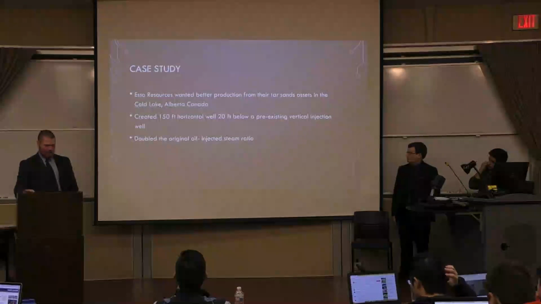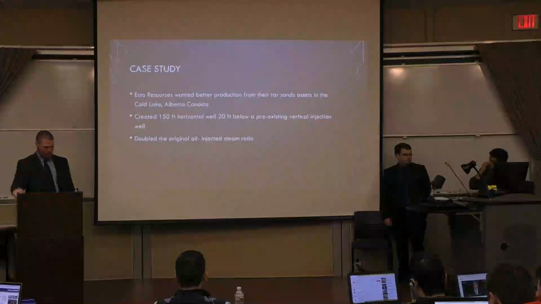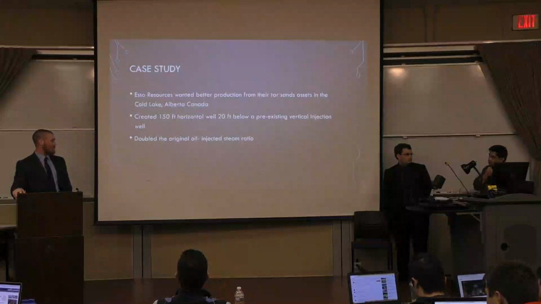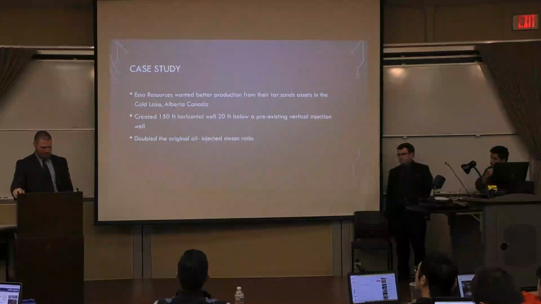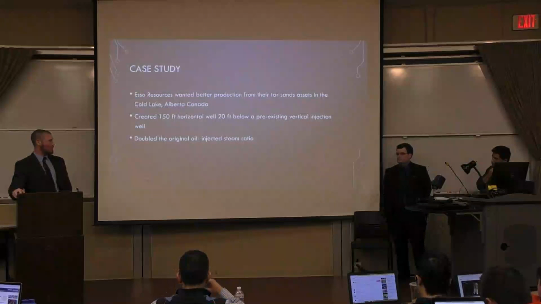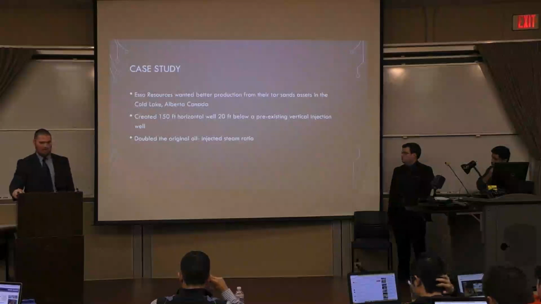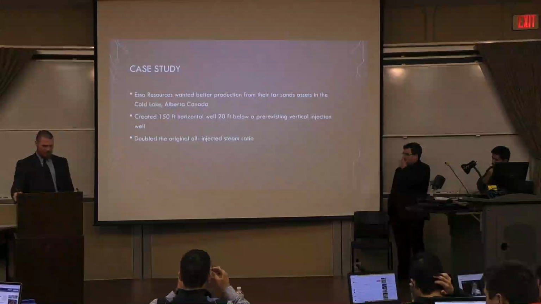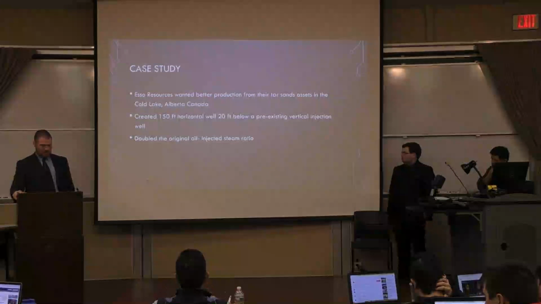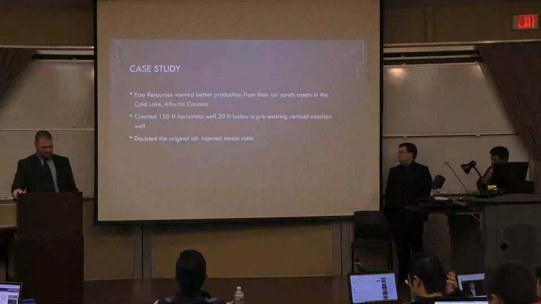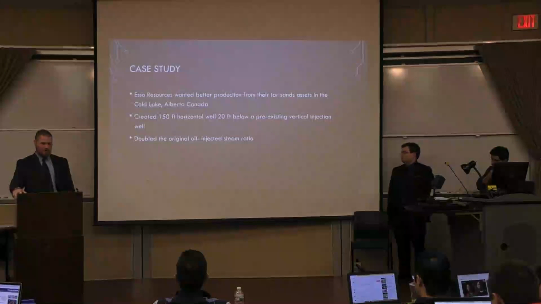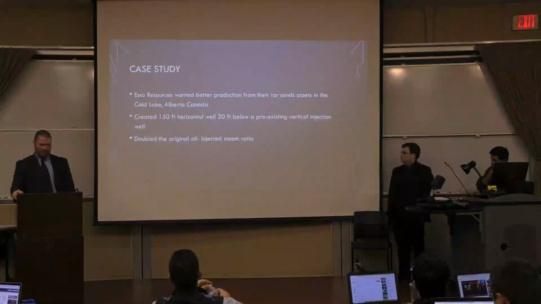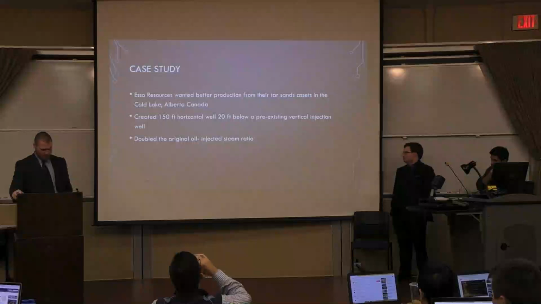To show that this method actually works in a practical setting, a company known as ESO Resources conducted a case study over some of their tar sands assets. They just wanted to find a means of increasing their production rates in some of these tar sands assets, and they'd already been using steam flooding in the area, but weren't really getting the results that they expected to see.